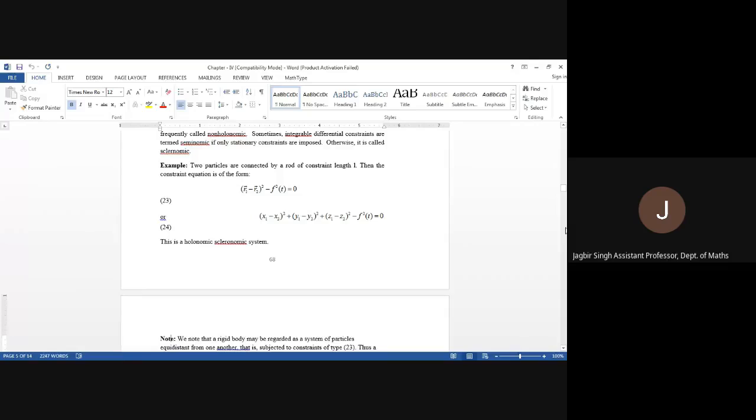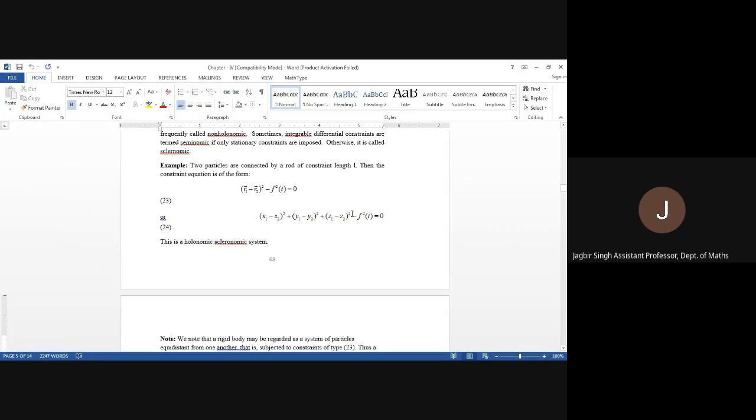Now, there is only one constraint, that the distance between the particles will always be equal to L.